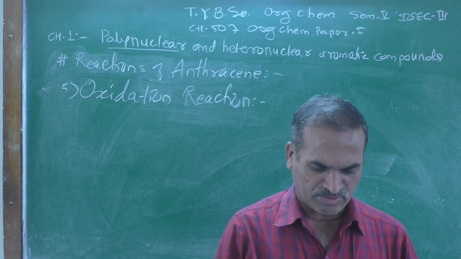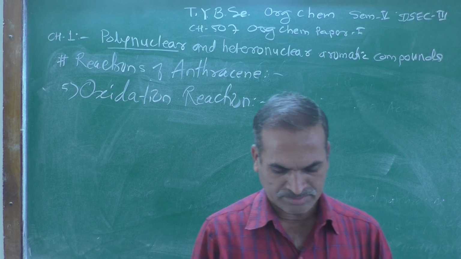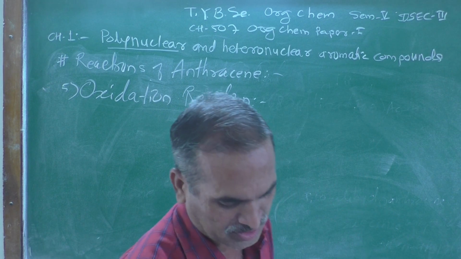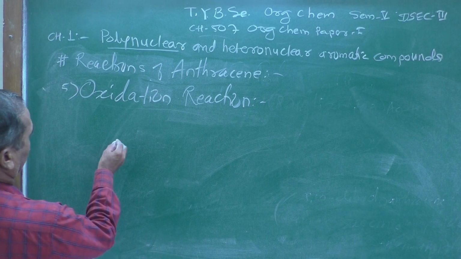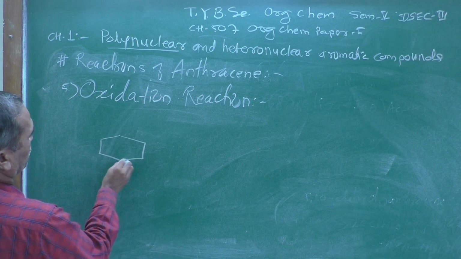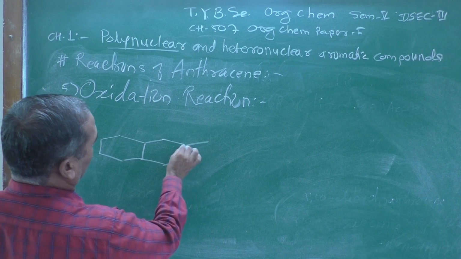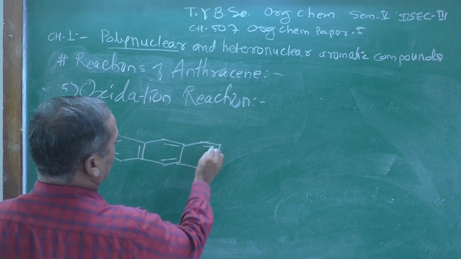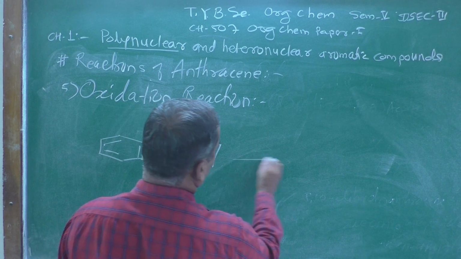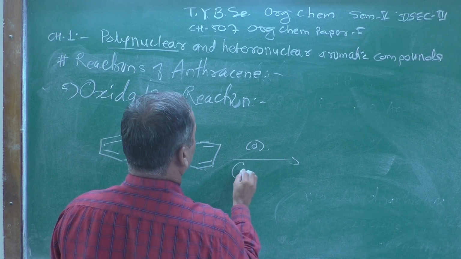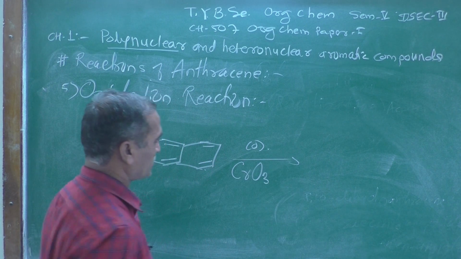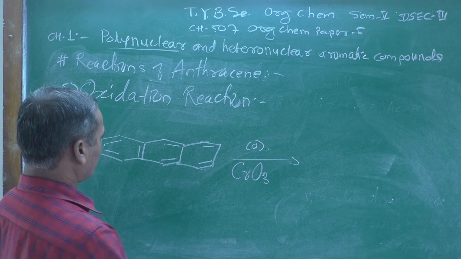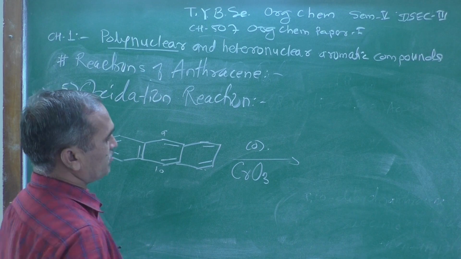Anthracene on oxidation with various oxidizing agents gives 9,10-anthraquinone. That is a very simple oxidation reaction. There are various oxidizing reagents commercially available in the market, and a very easily available one is chromium trioxide. Oxidation with CrO3, one of the strong oxidizing reagents, takes place at the 9 and 10 positions.